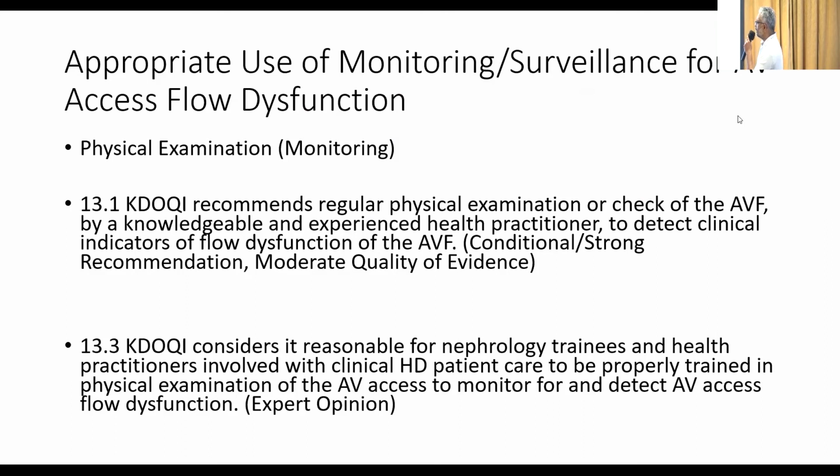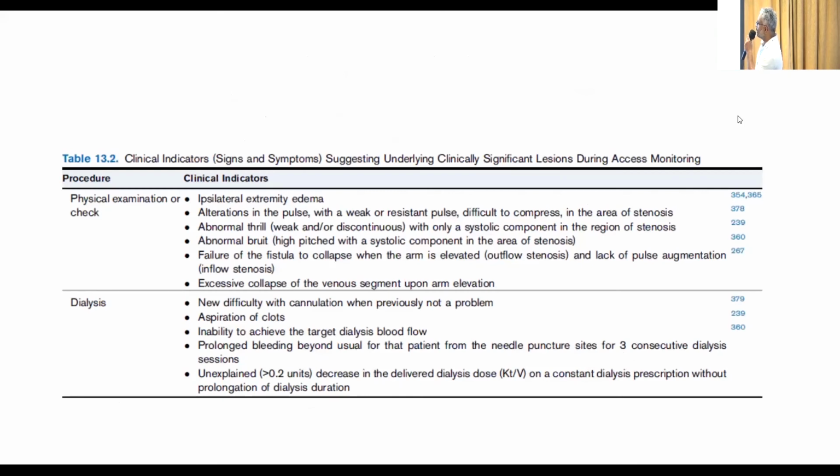And then KDOQI considers it reasonable for nephrology trainees and health practitioners involved with clinical HD patient care to be properly trained in physical examination of AV access. So what do you look at in these fistulas? I'll just go fast through this, and then we'll look at each and every detail. So physical examination, you look at ipsilateral extremity edema, alterations in the pulse.